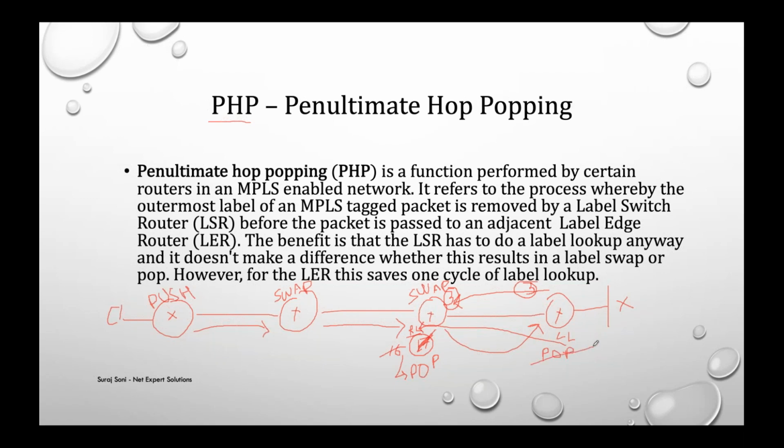So just remove it. This swap operation, let me change color, this swap operation is actually referring to the pop operation, because instead of swapping with a specific label, it will put a pop tag on it.